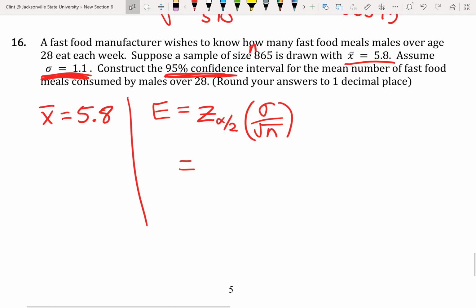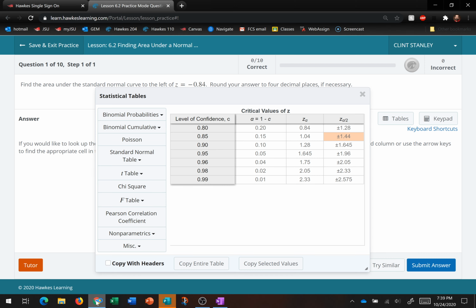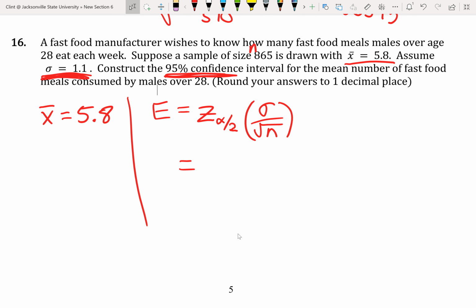So we want 95% confidence, or 0.95. So for 0.95, our critical z value is 1.96. Okay. So 1.96 times our standard deviation, which is 1.1, divided by the square root of our sample size, which was 865.